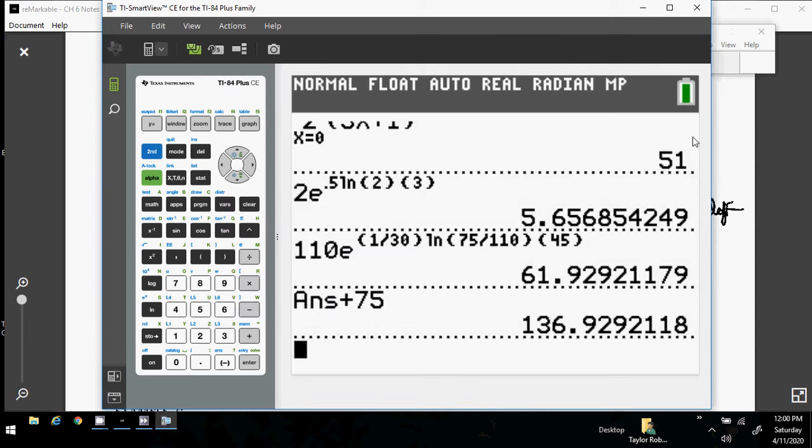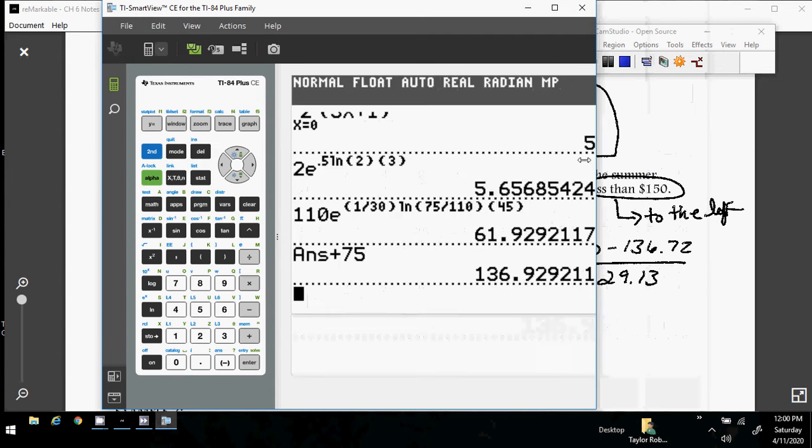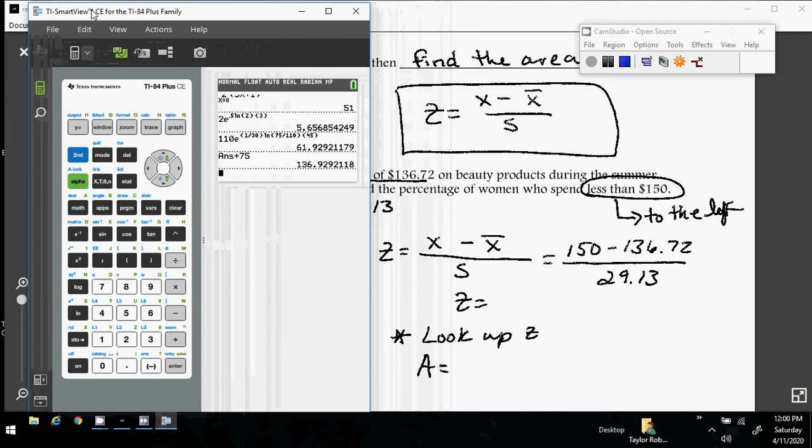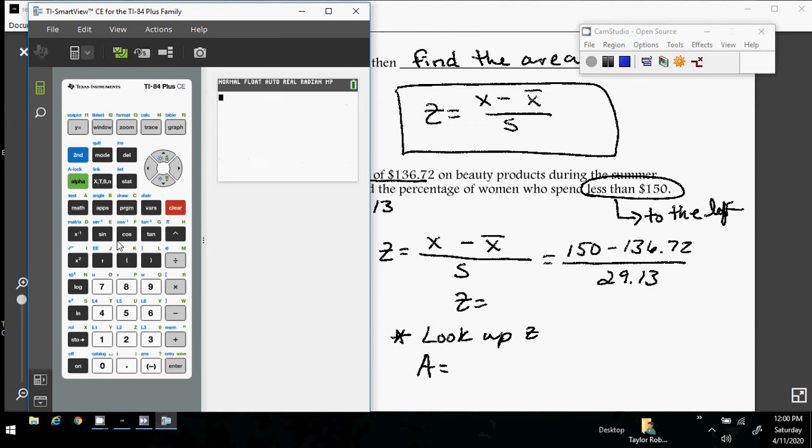Okay, let's make it a little bit smaller so we can see stuff over here. So I have 150 minus 136.72, and then I'm going to divide by 2913. If I do it properly, minus 136.72. There we go, divided by 2913.